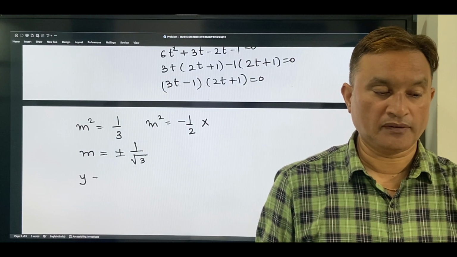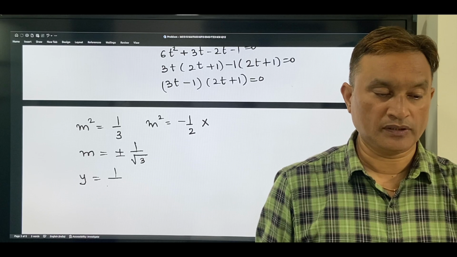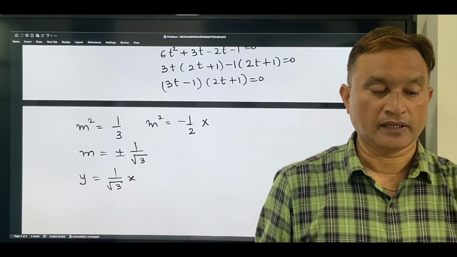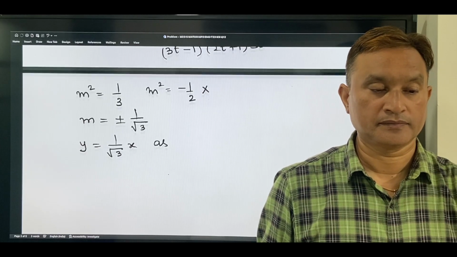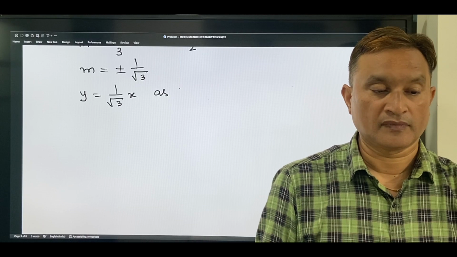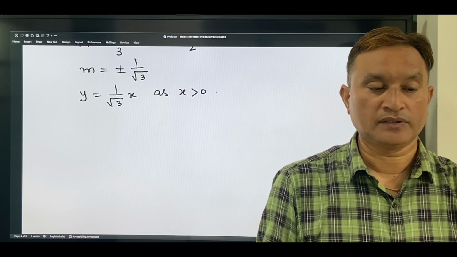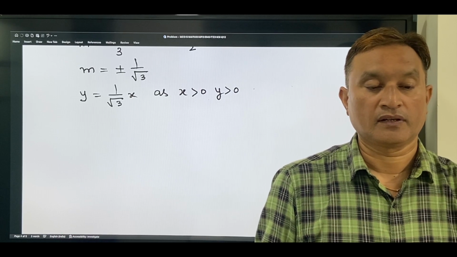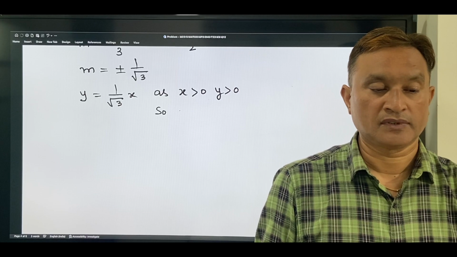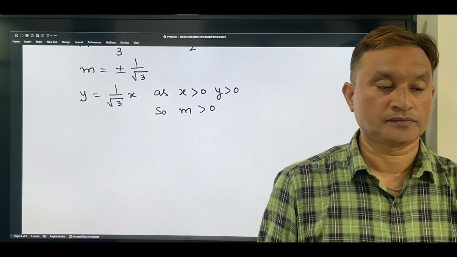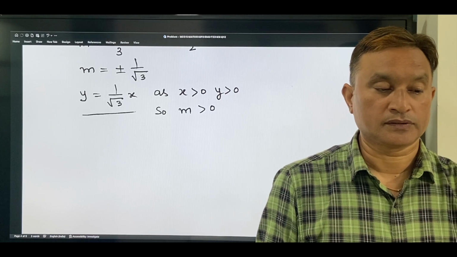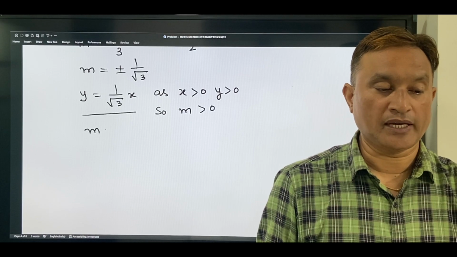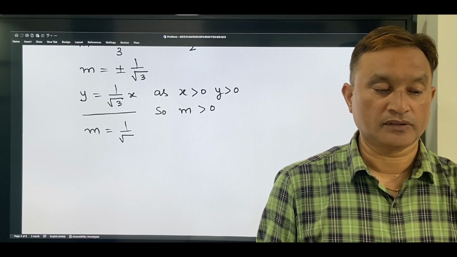So line would be y equals to 1 upon root 3 x, as x is greater than 0, y is greater than 0. So m would be greater than 0. So value of m would be 1 upon root 3.